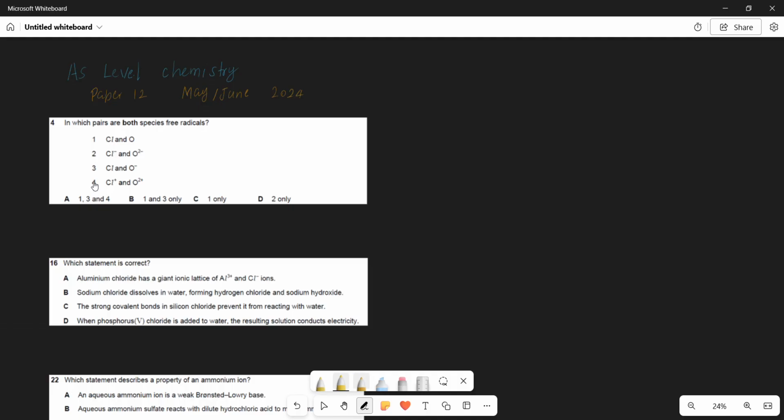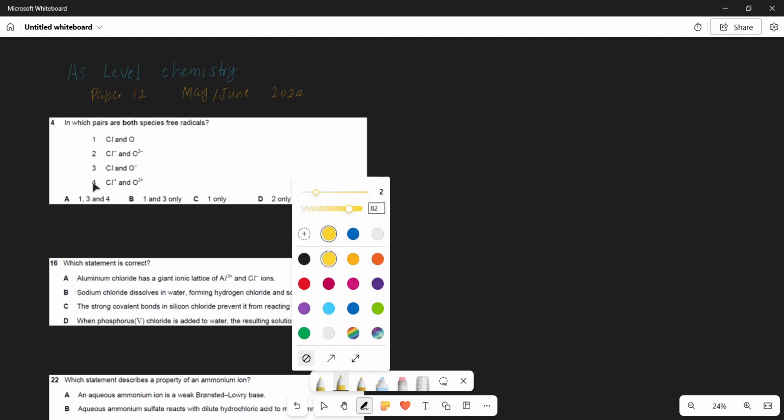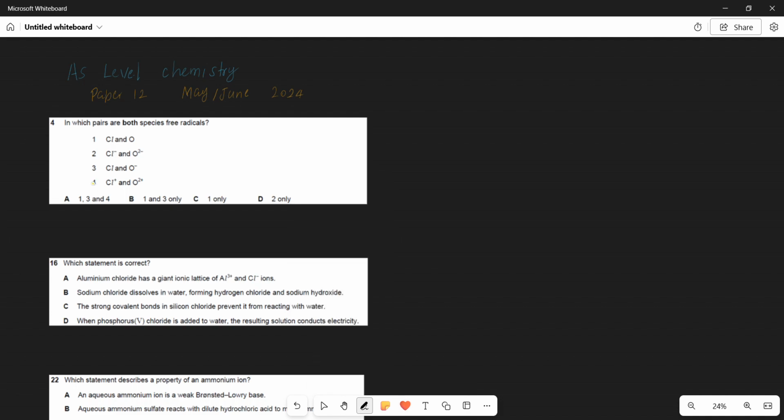Okay, let's do the first question. The first question is about free radicals. Free radicals should have at least one unpaired electron. So how to solve this question?